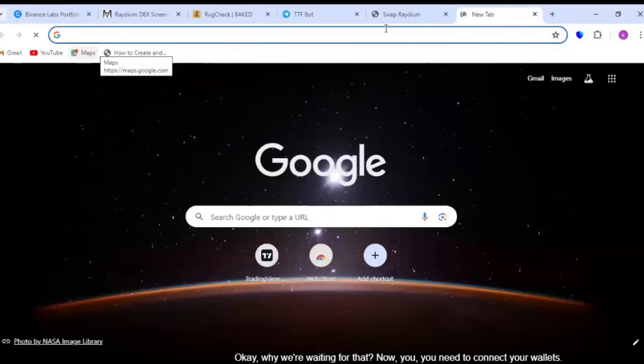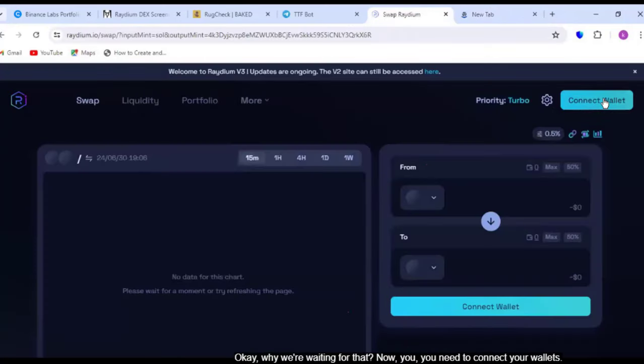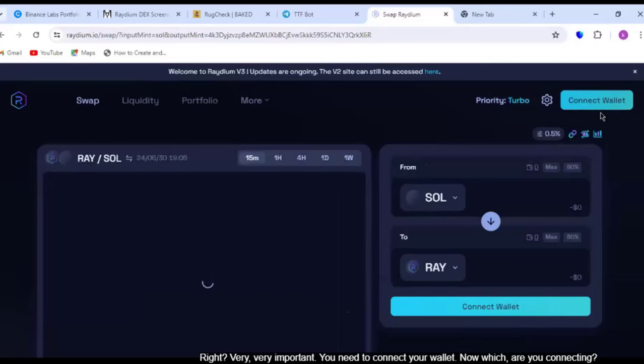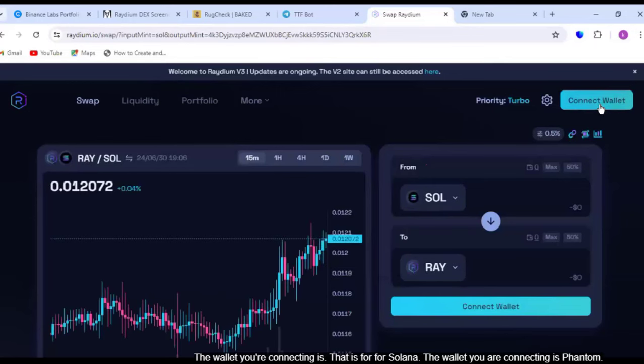Okay, while we're waiting for that, now you need to connect your wallet, right? Very, very important. Now, which wallet are you connecting? The wallet you are connecting is Phantom. That is for Solana. Did you get that?